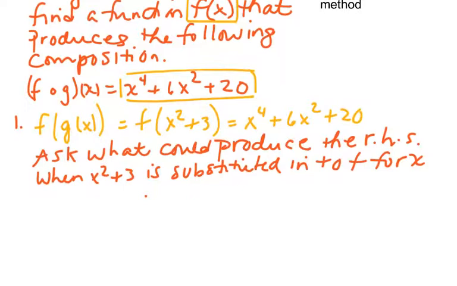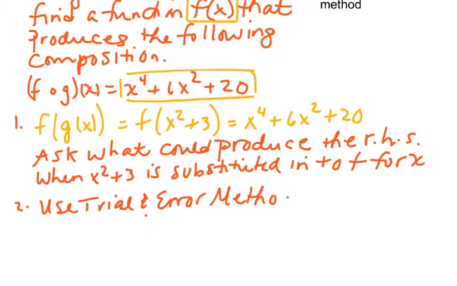So the second step to this, and I laid the steps out for you, is to use the trial and error method. You've done this before in your earlier math careers. Notice that you've got an x to the fourth here.